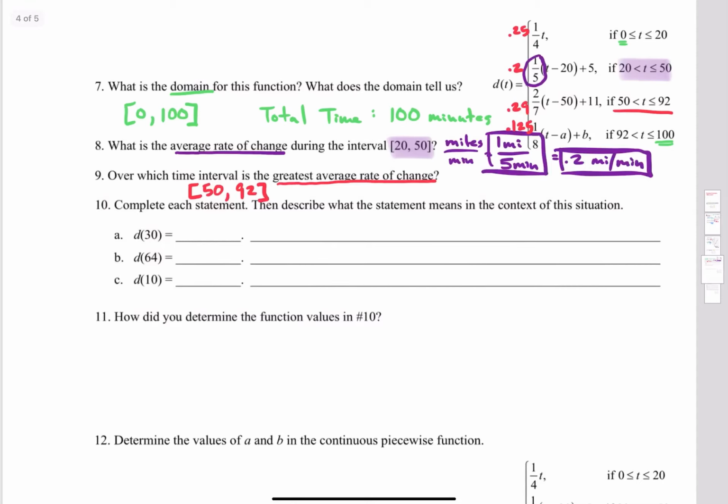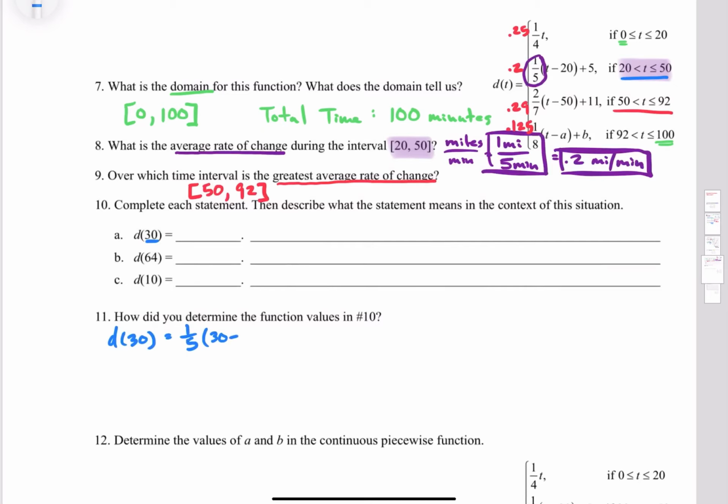I'm going to go ahead and take a look at D of 30. Now D of 30 means that I'm looking at the 30-minute mark. So if I look at the 30-minute mark, well, 30 is going to be inside that second interval, because 30 is between 20 and 50. So I'm going to copy that equation, but anytime I see a t, I'm going to replace it with that 30.